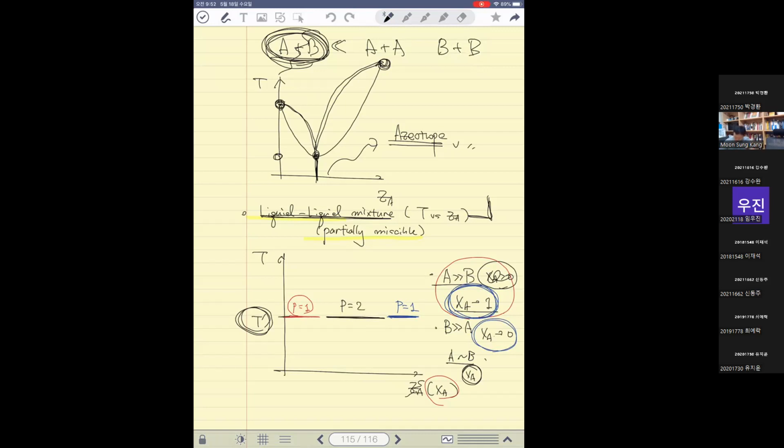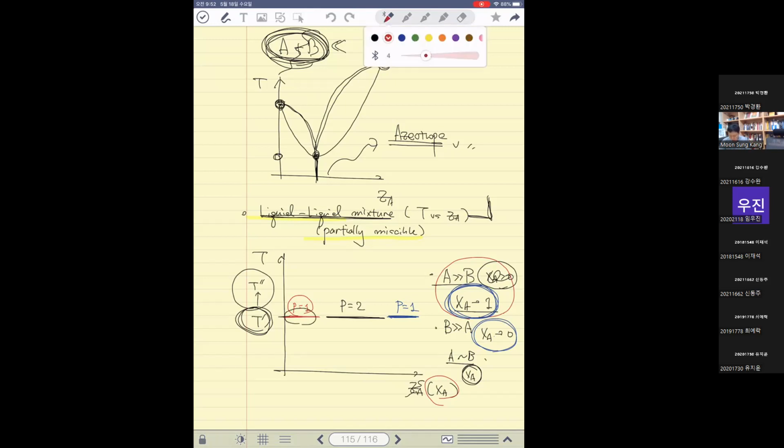What would happen if you increase the temperature up to T double prime? As you increase the temperature, usually the entropy effect increases. The entropy increases, and that favors A and B being mixed well with each other. As a consequence, this range of single phase would increase here.